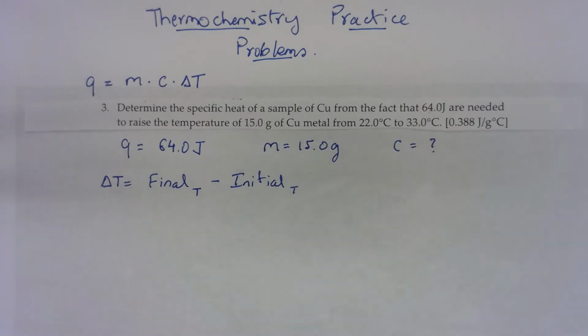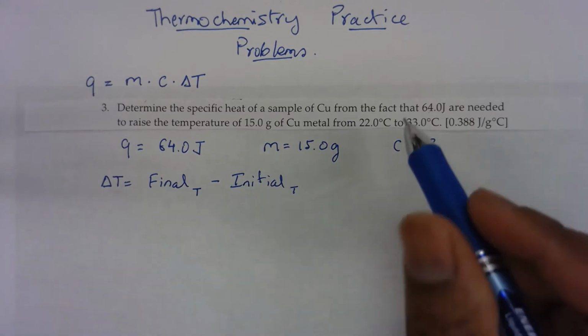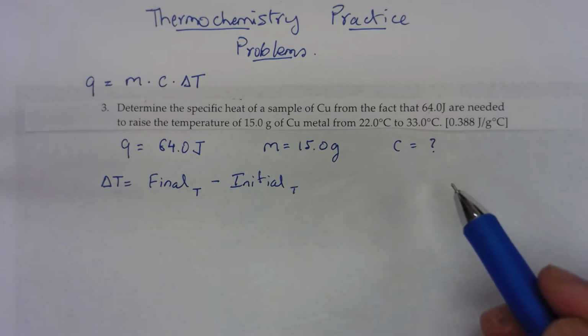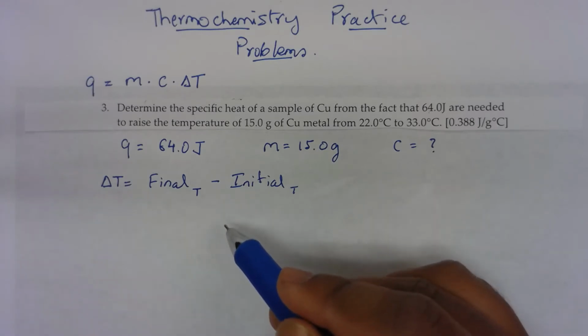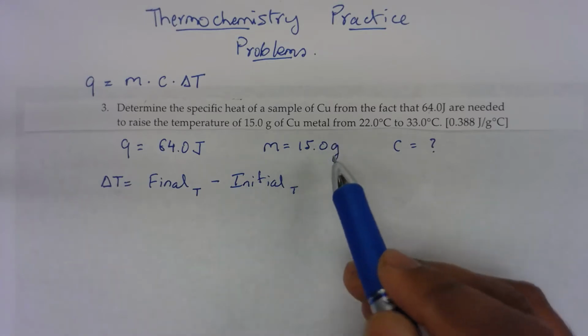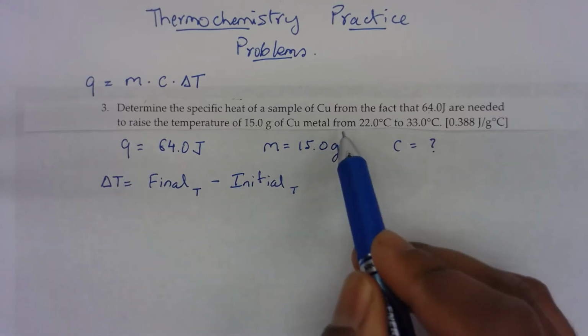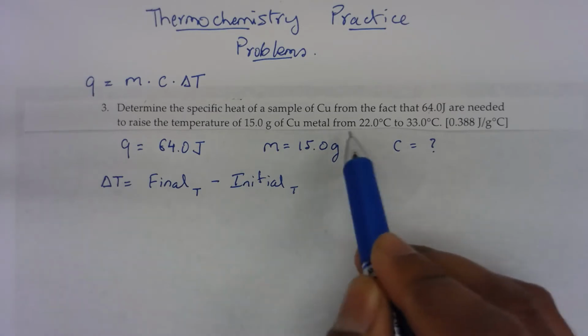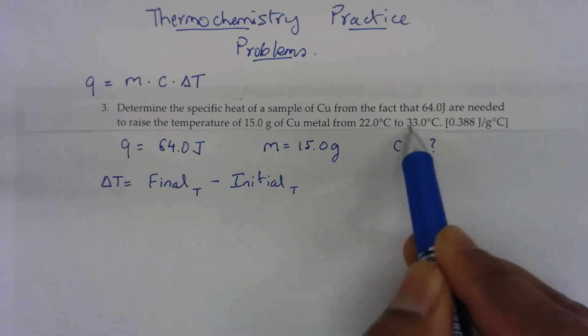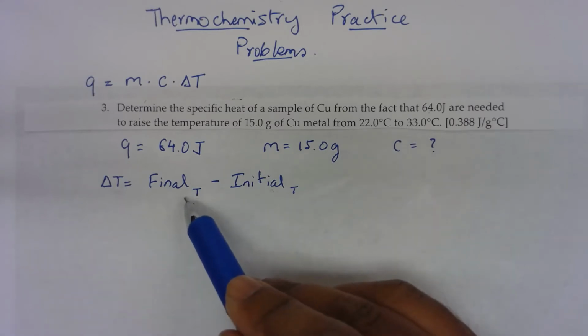Okay? One thing I will point out at this moment is do not automatically assume the higher number to be your final. Okay? You always have to pay attention to how the question is worded. Whatever the from temperature is, that is your initial temperature. What your to temperature is, that is your final temperature.